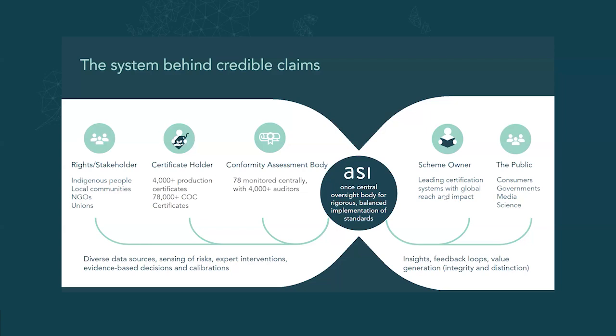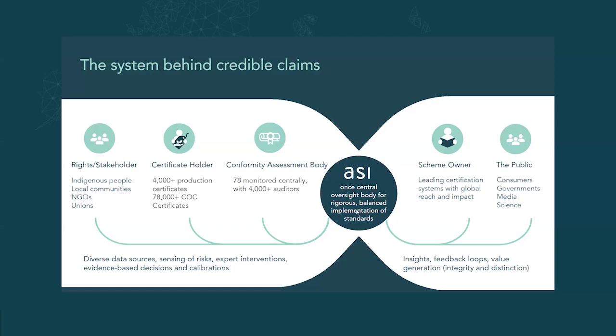And these linkages generate transparency and insights, but in the end also trust. So this is a whole system defined to ensure that claims are credible, also towards the public, the consumers, the governments. If they see a label that ASI oversees, there should be a distinctive level of trust in those labels.